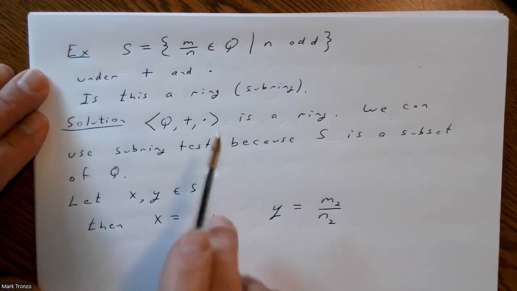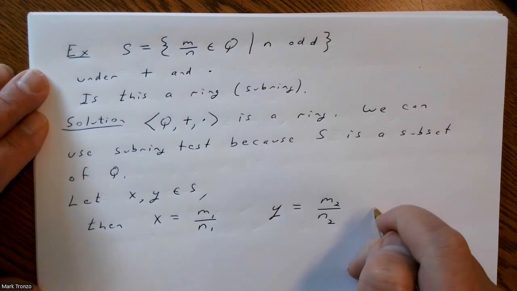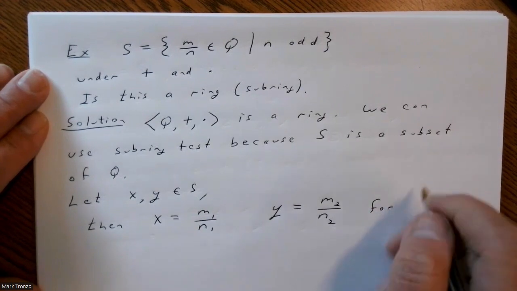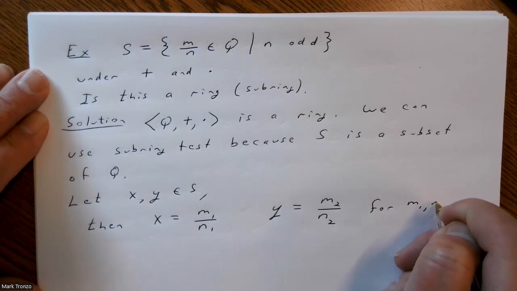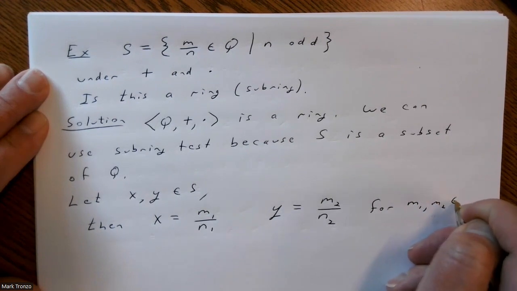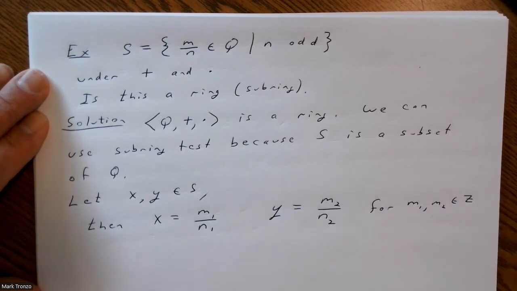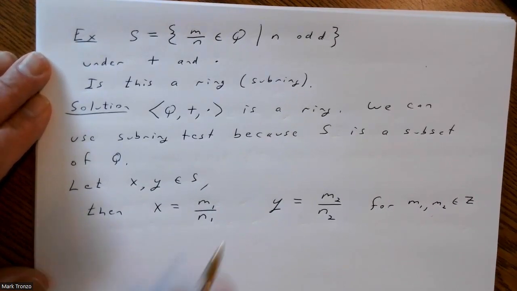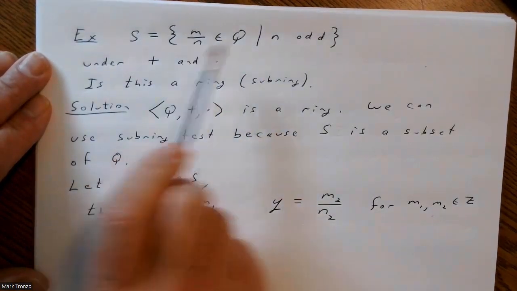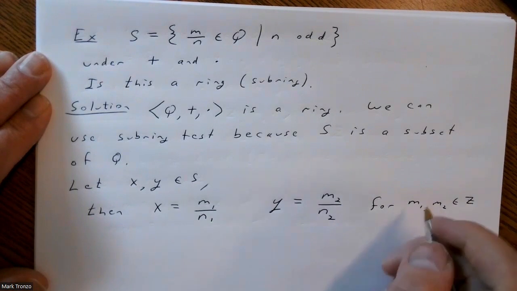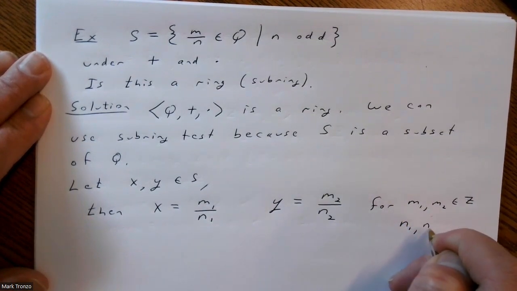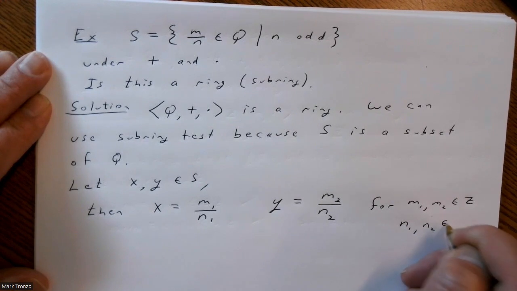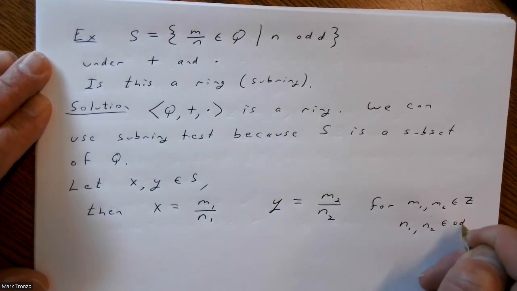M1 and M2 are going to be in the integers. Now we have to specifically say the denominator is going to be odd, so N1 and N2 are odd integers.